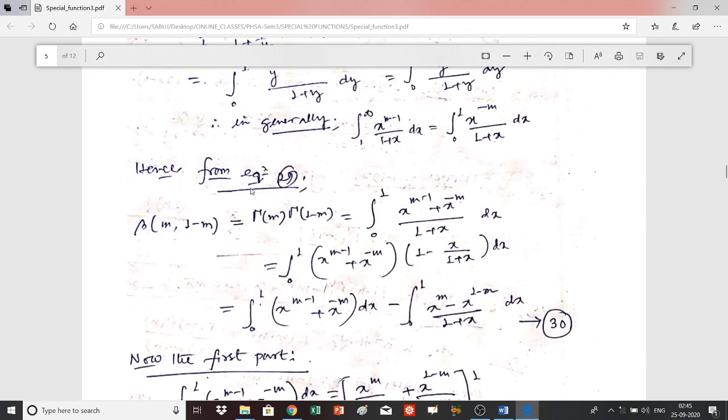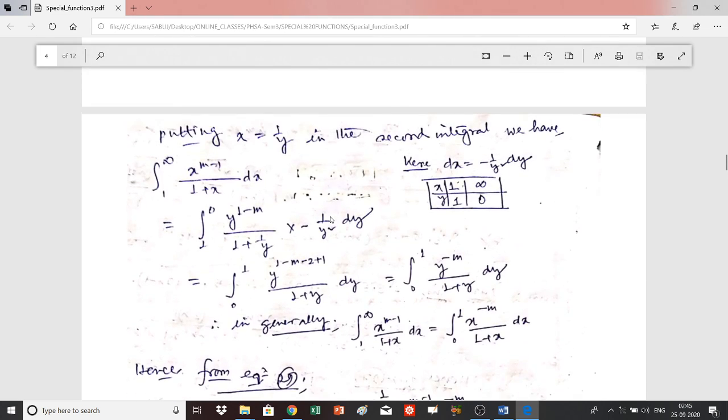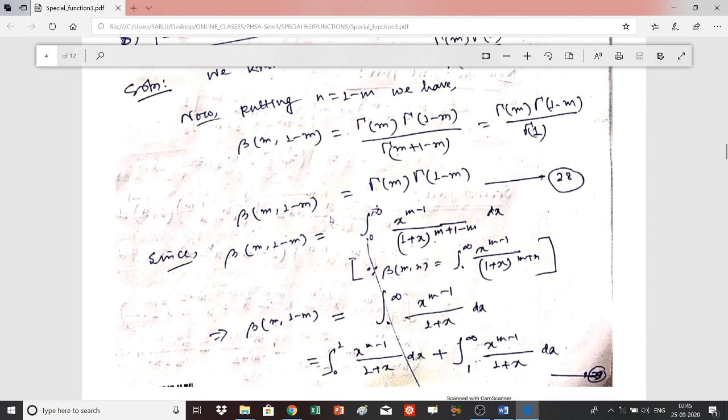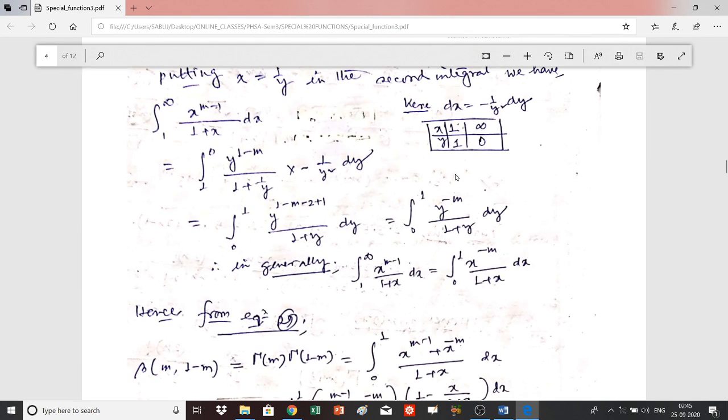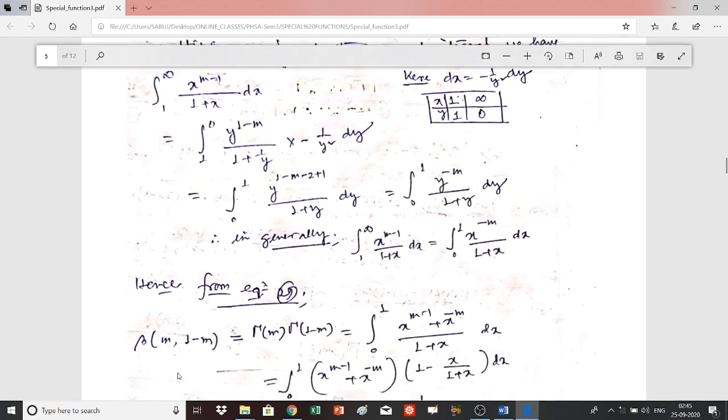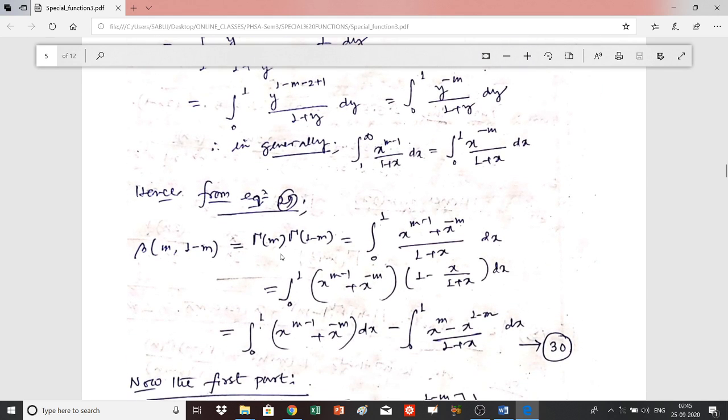So from equation number 19, you can write beta m, 1 minus m is equal to gamma m and gamma 1 minus m. That was calculated also here. So this is beta m, 1 minus m, that is gamma m gamma 1 minus m, 0 to 1.